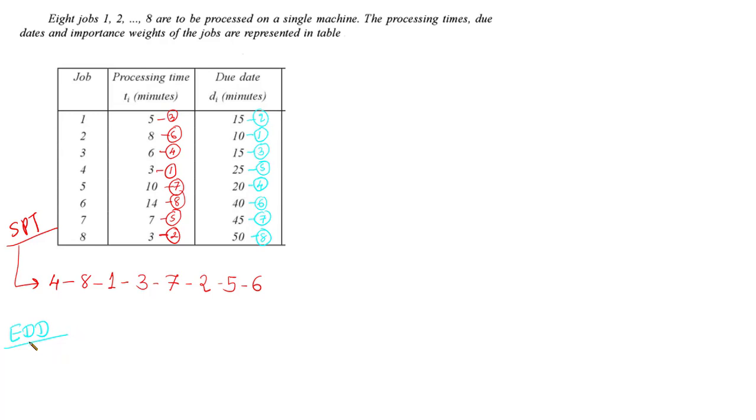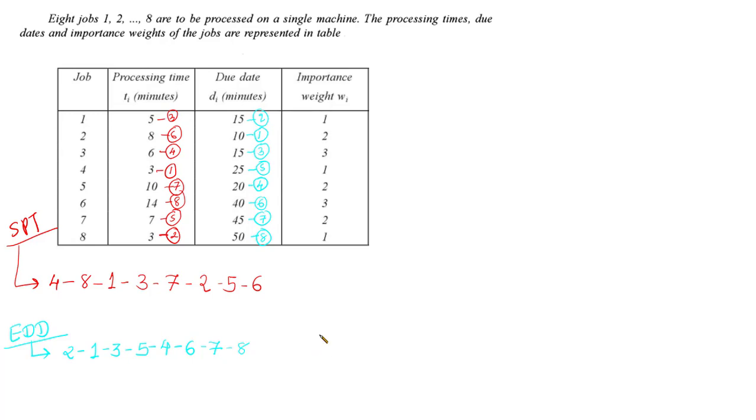So what is the sequence according to earliest due date? It will be like this: 2, 1, 3, 5, 4, 6, 7 and 8.